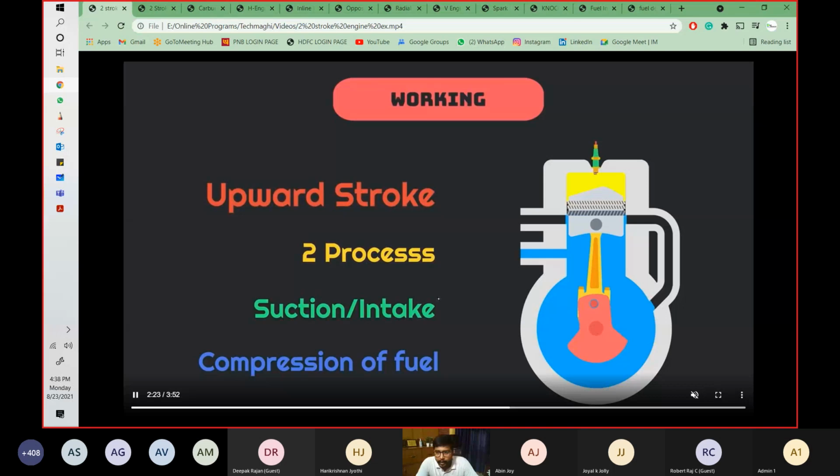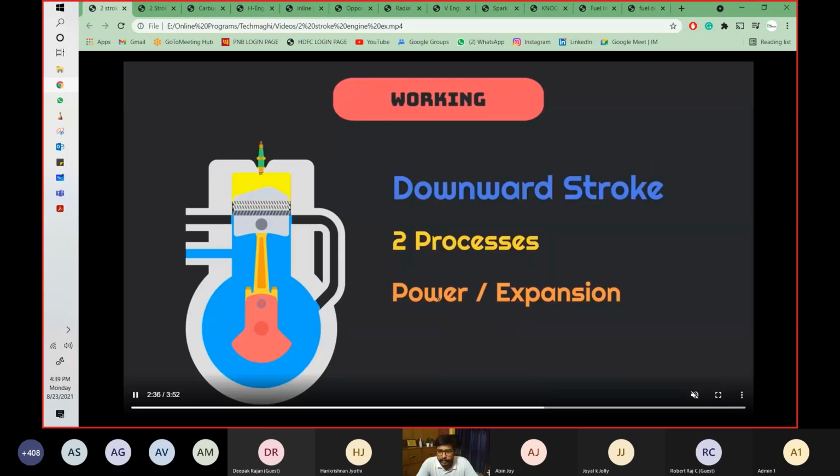So now comes the downward stroke. Two processes were completed previously. Process 1, the suction, and process 2, the compression. Now in the downward stroke, there will again be two processes, power and exhaust.